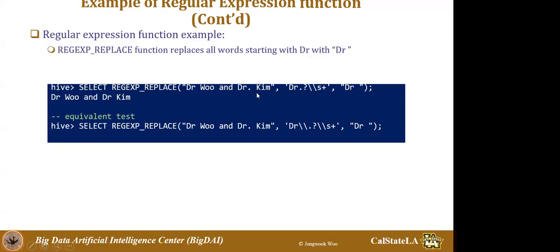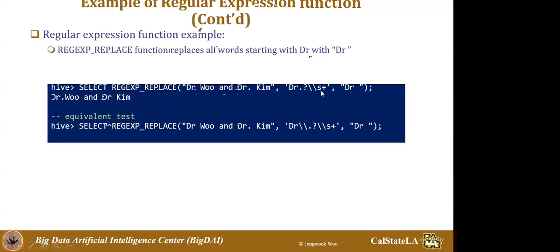Your boss doesn't like two different ways to represent the doctor, because this one doesn't have a dot, and this one has a dot, right? So I can write a pattern. There are many ways to detect this kind of pattern, but one example is you just put "dr", and then any character, question mark means 0 times or 1 time, right?